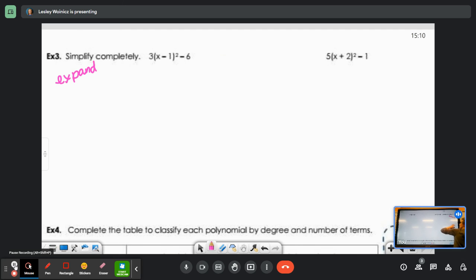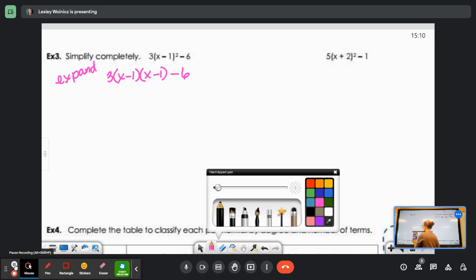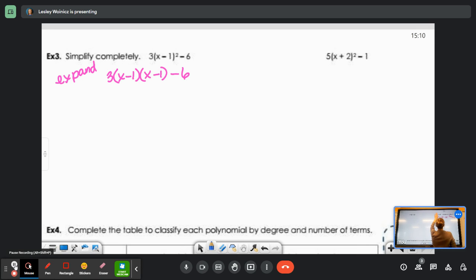just like yesterday. So I write the 3, and then I do x minus 1 times x minus 1. I have to write it twice, and then I bring down the negative 6. Now, if you cover up the negative 6, it kind of looks like the ones we were doing on the front, maybe even easier, right?